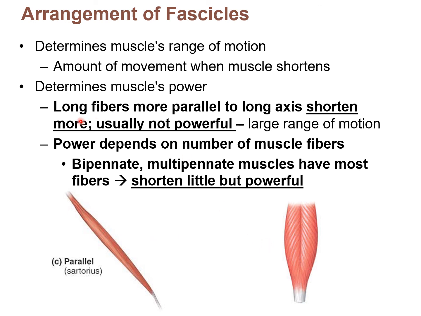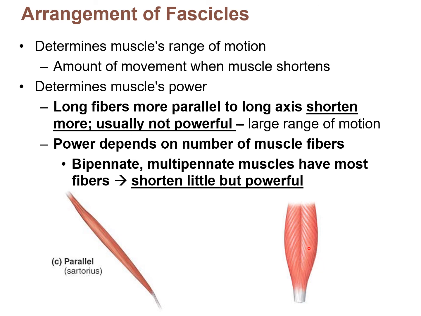So let's use the long fibers first, like this one right here. Since it's long, it'll have a very large range of motion, which means a lot of movement at the joint that it works at. There you see a large range of motion, but since there's not many fascicles, they're usually not powerful. So these are weaker muscles, but perform a lot of movement. At the other extreme here, we have a lot of fascicles, right?